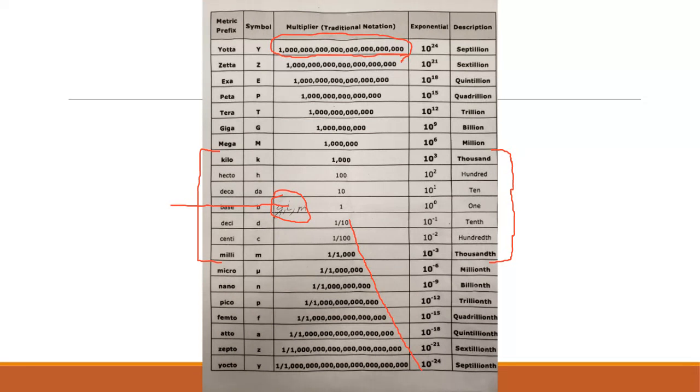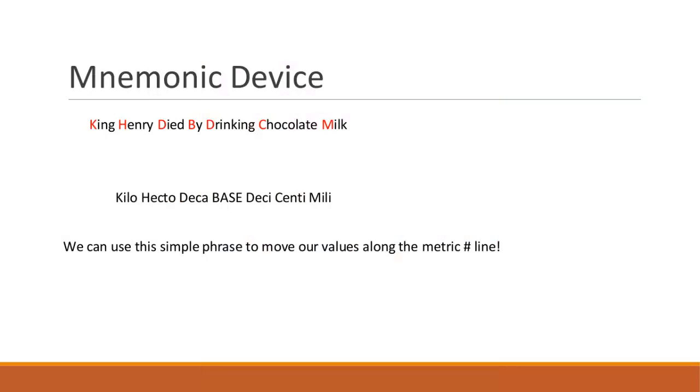So let's look real closely at the bracketed area here that I'm going to finish this circle on. You should have heard about this area before: kilo, hecto, deca, base, deci, centi, milli. These are the most common of the metric system conversions, and working through them requires a little bit of work.